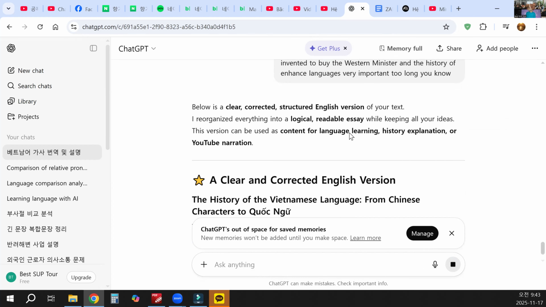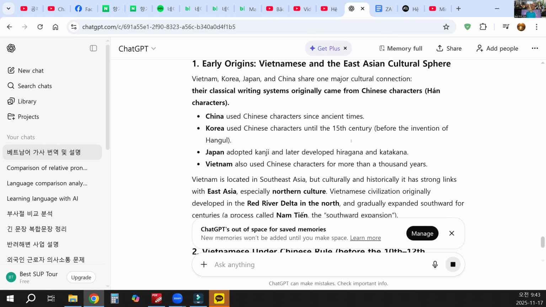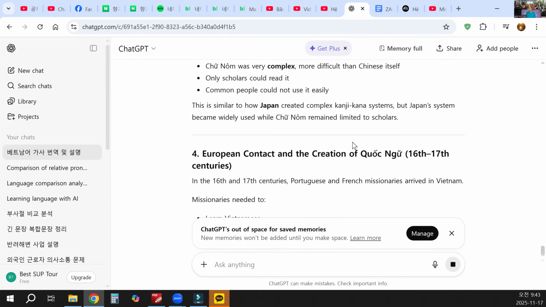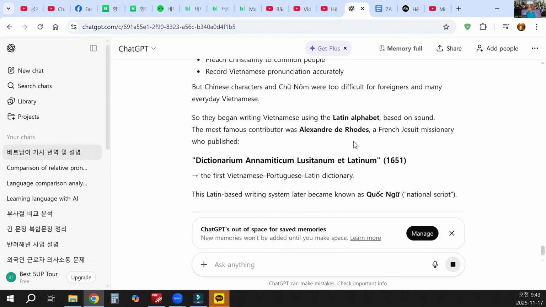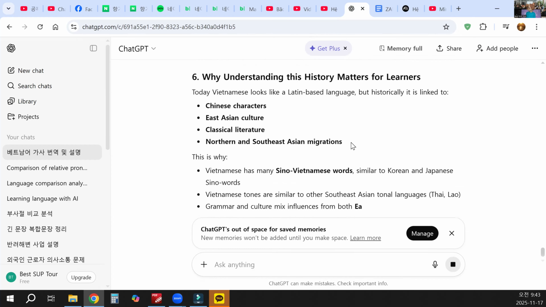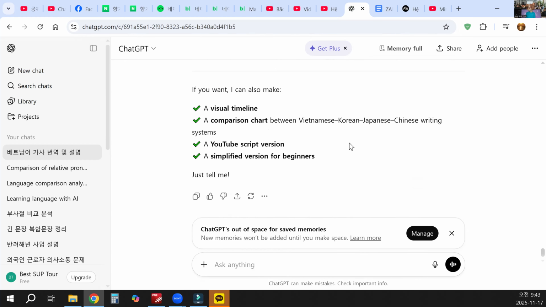And then I can ask the AI to write: the history of Vietnamese language from Chinese character to Quốc Ngữ. And let's see. Basically, what I told is much better from the AI's contents.